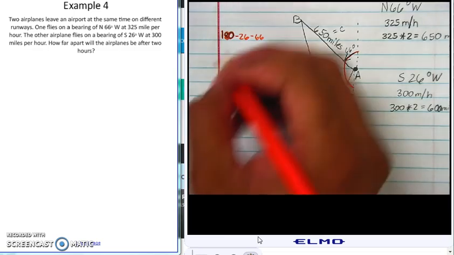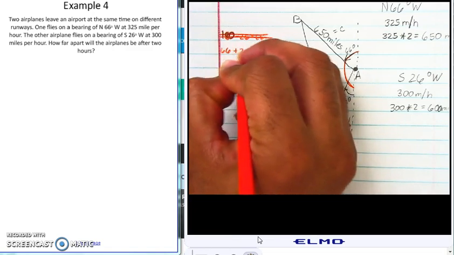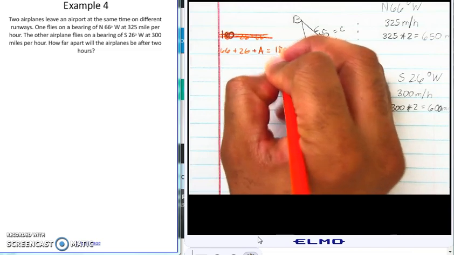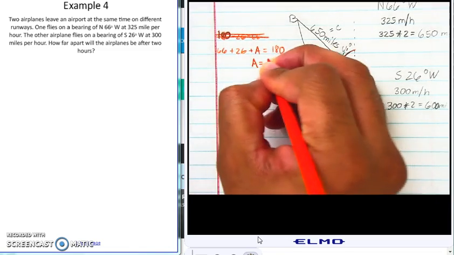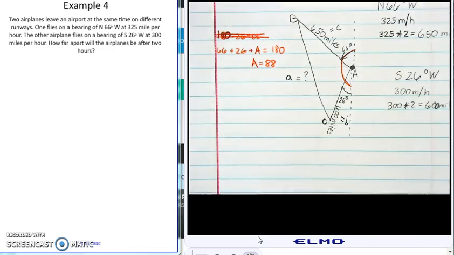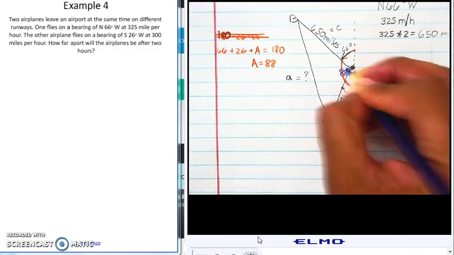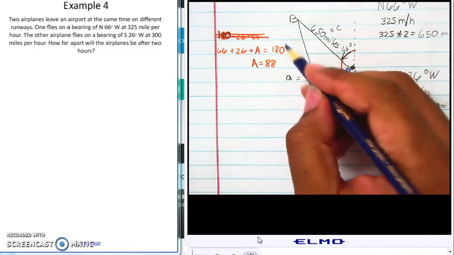So if you want to do 66 plus 26 plus A equals 180, you can do it this way too. So that way it's the exact same thing we've been doing. So 180 minus 66 minus 26, so angle A is a positive 88 degrees. So that means inside of here, this is 88 degrees. Because 66 plus 88 plus 26 gives you 180.